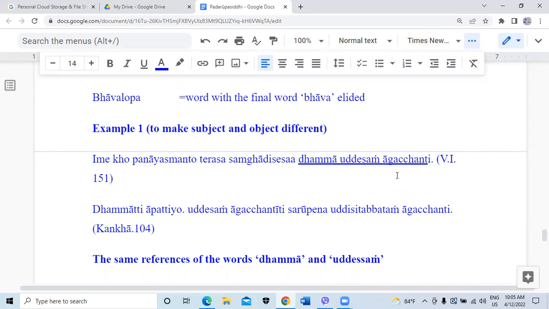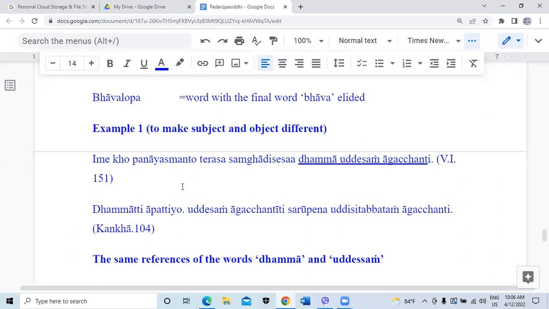So its subject is imiko ayasamanto, terasa sangadisisa.